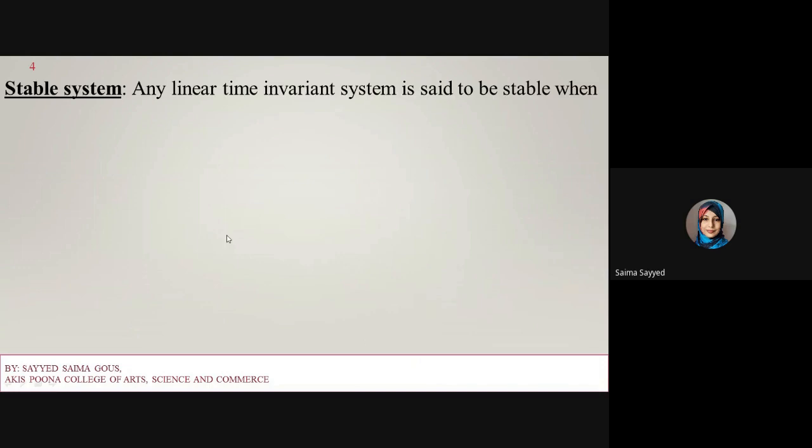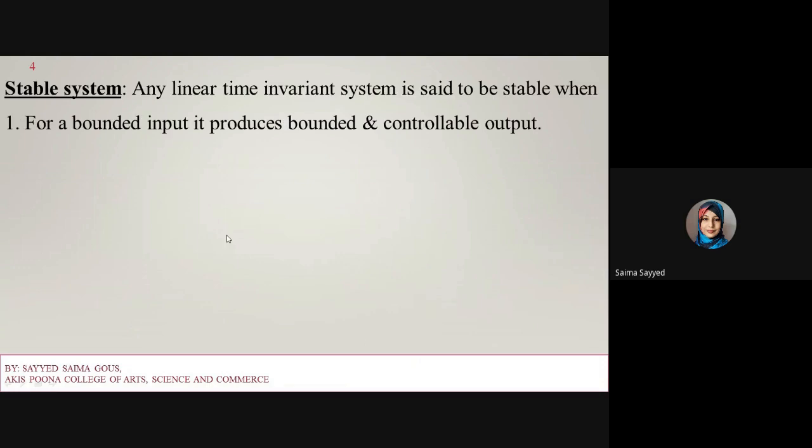Definition of a stable system: any linear time invariant system is said to be stable when, first, for a bounded input it produces a bounded and controllable output. Whatever specific input there is, it should produce a specific, controlled output.